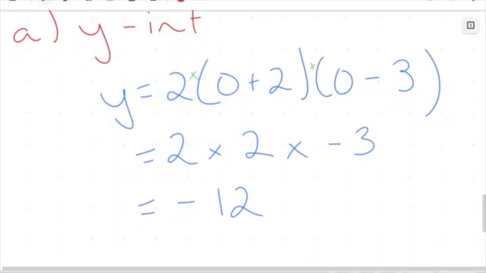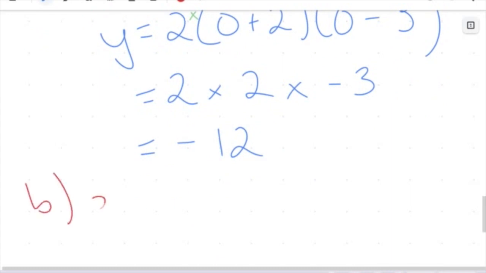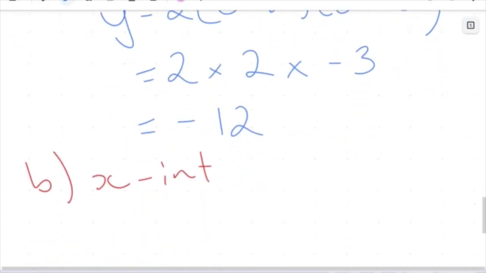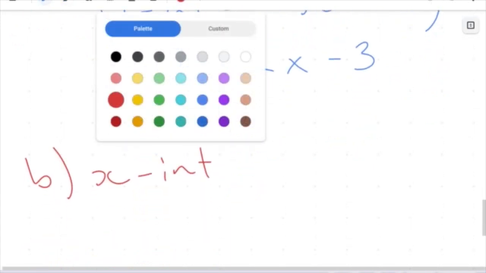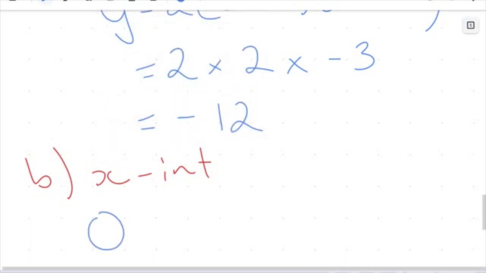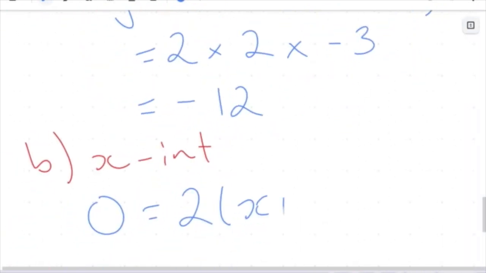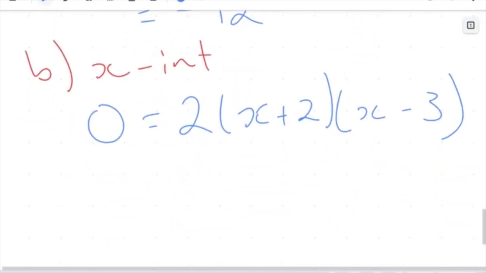And for the second part, where I'm finding my x-intercepts, I need to set my y to equal 0. So I'm going to get 0 equals 2 outside of x plus 2, outside of x minus 3. Okay, now I want to solve this equation here.